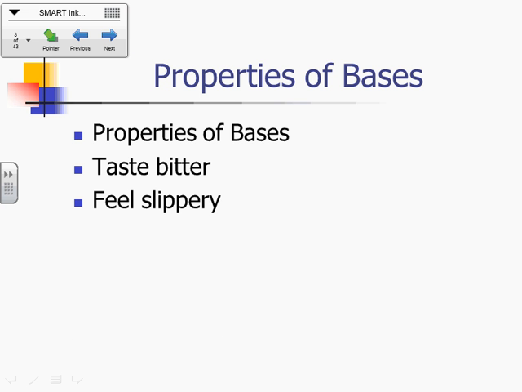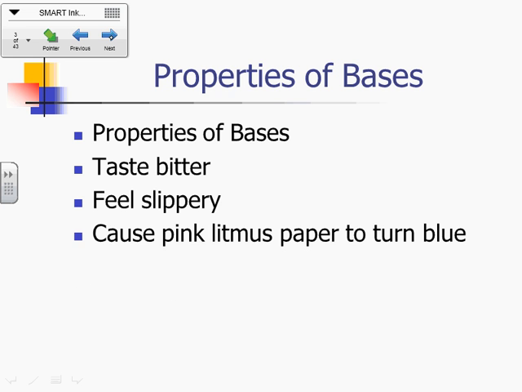Bases feel slippery, okay? Stuff like soap, a little bit basic, right? Soap is obviously very slippery. But most bases, when you put them into water and then you feel them, they will feel slippery. They'll cause pink litmus paper to turn blue. So again, that's the whole indicator thing.